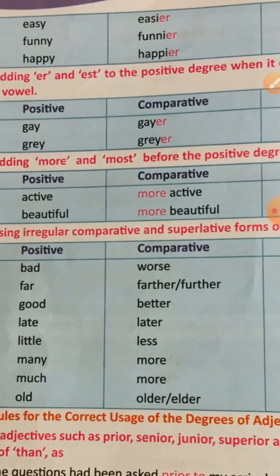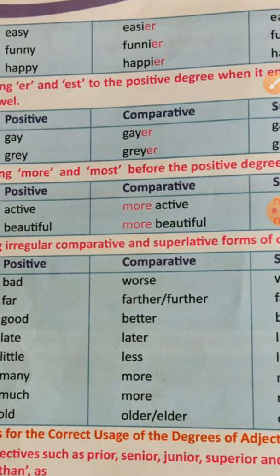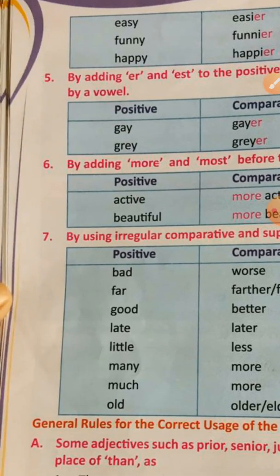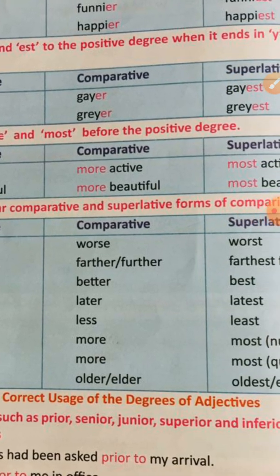The fifth one, you can see, is by adding er and est to the positive degree when it ends in y preceded by a vowel. Means before y there should be a vowel, then we can use er or est. For example, gay, gayer, gayest.